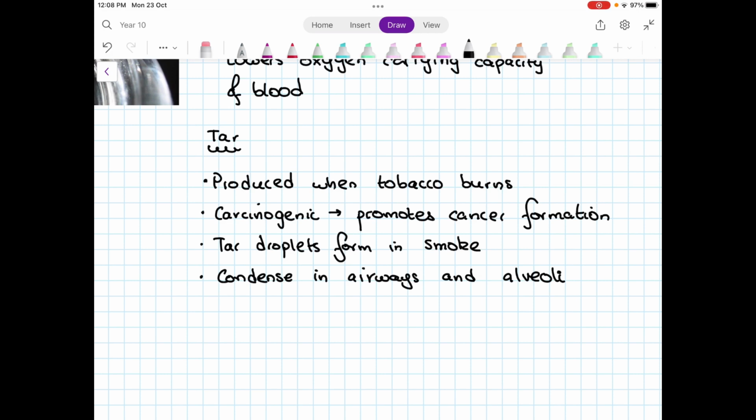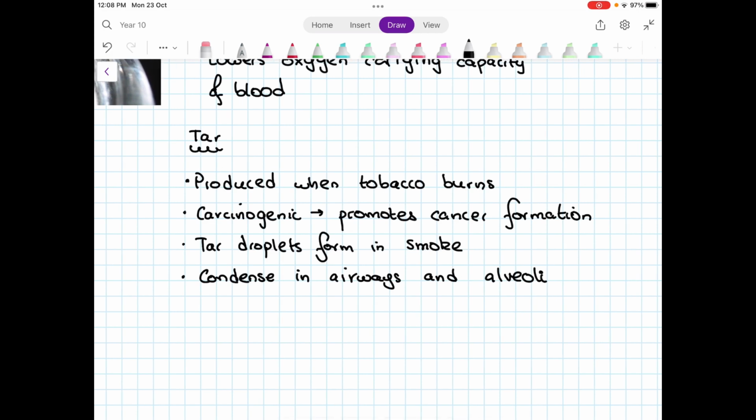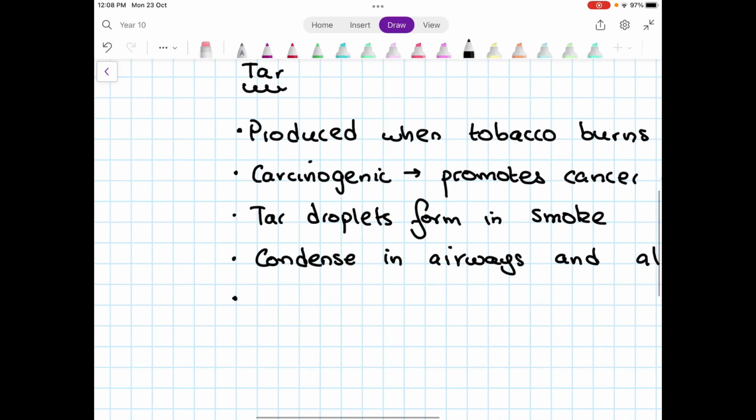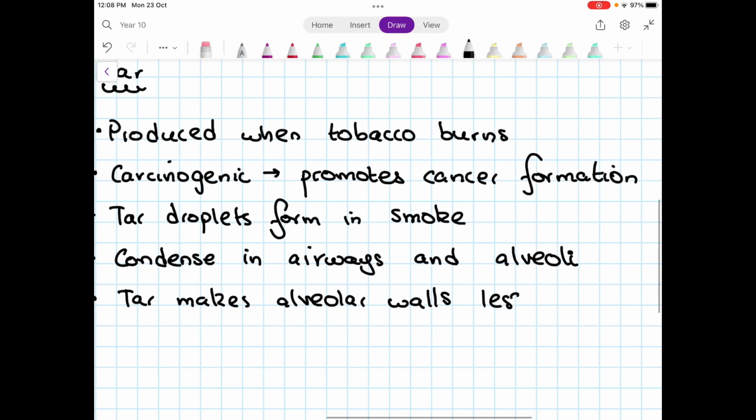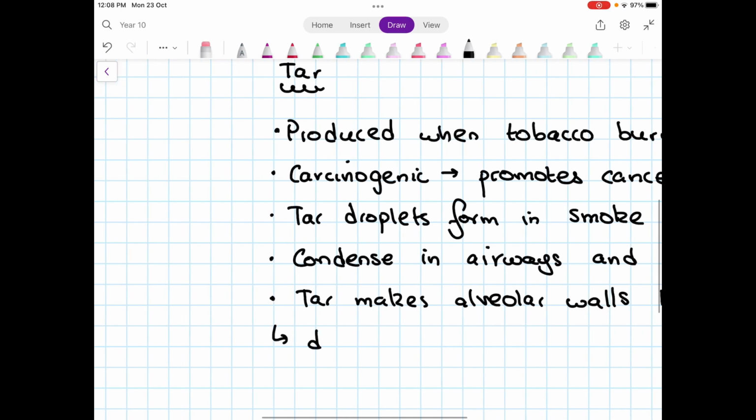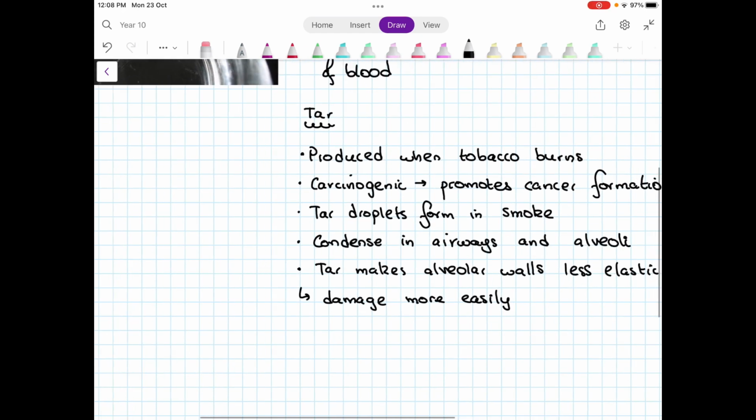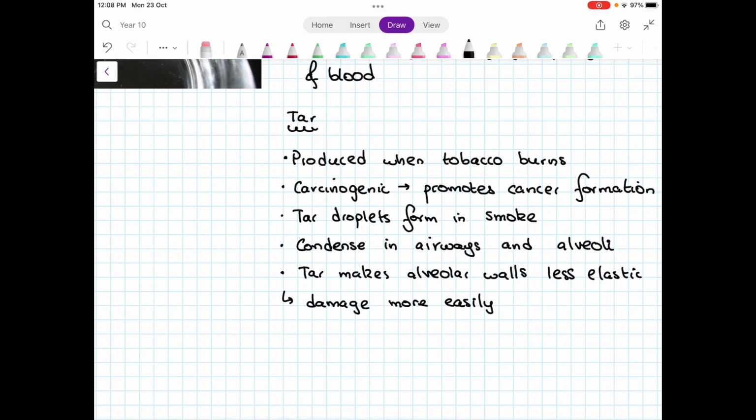Particularly for the alveoli, tar makes their walls less flexible and elastic, and this means they damage more easily. And what this means is that the efficiency of gaseous exchange in the alveoli is reduced.